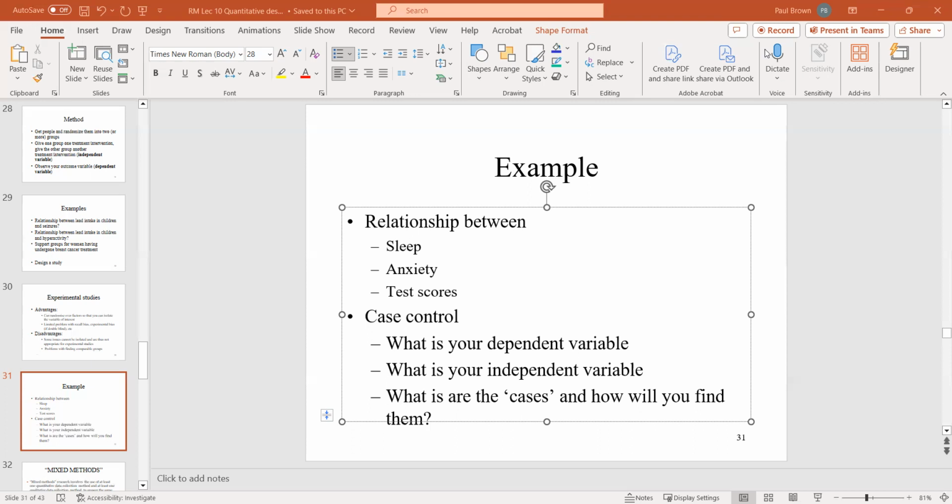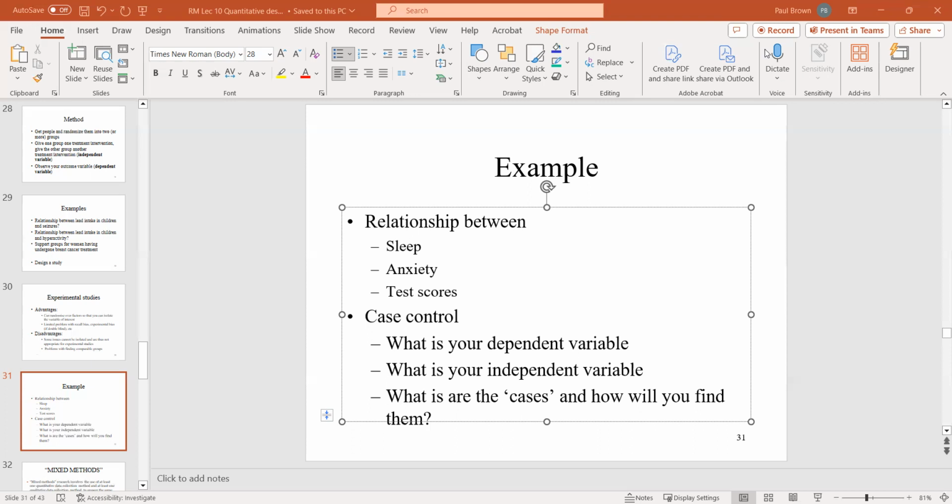Okay. So who's the group? Well, since this is a case control, right? Who are your cases and who are your controls? That's it. Because you start with the outcome, right?